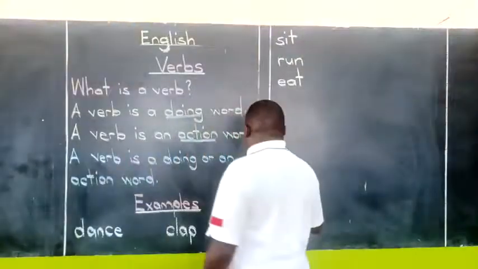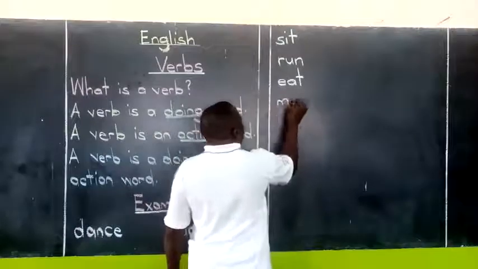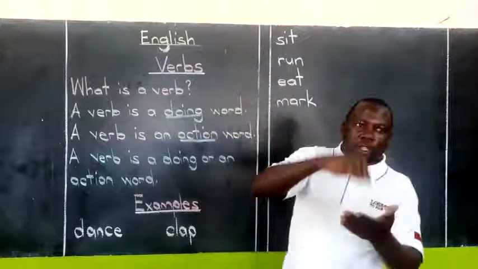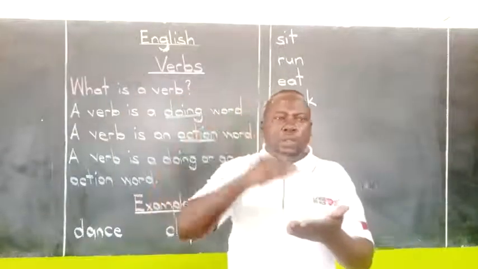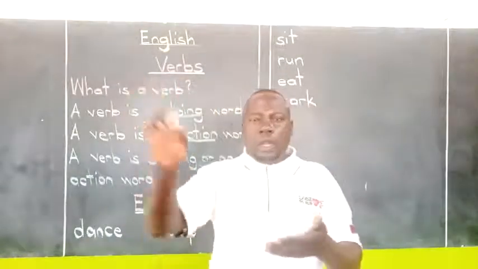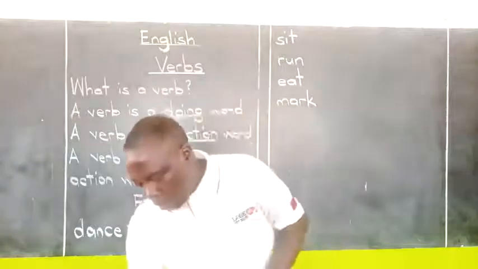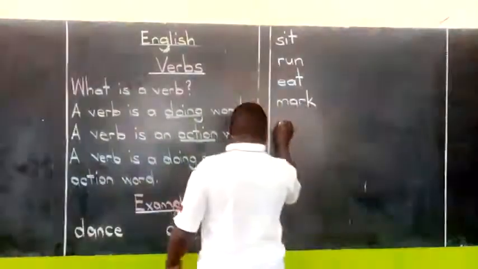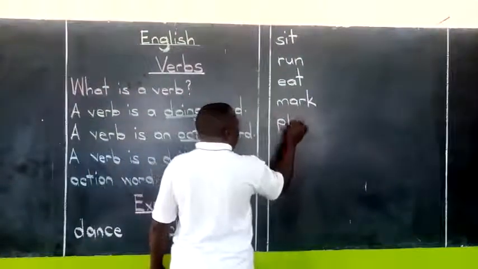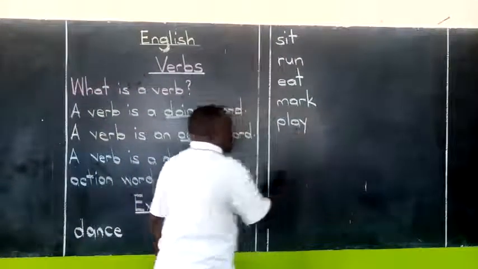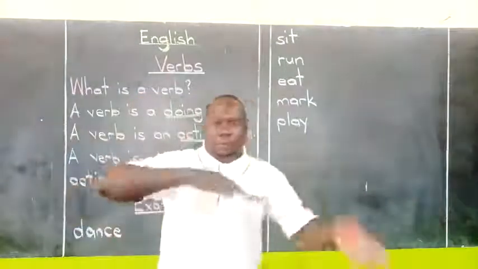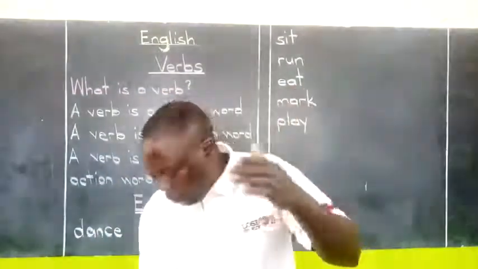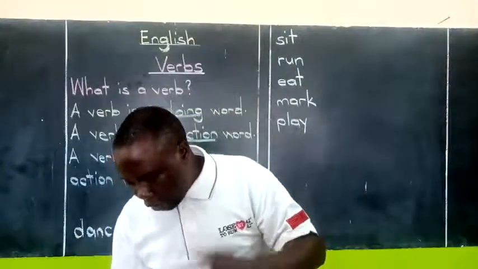We have mark. So when you have a pen, you mark. Action with the word. That is why it is called actioning word. We have play. You can play any game, following the actions.